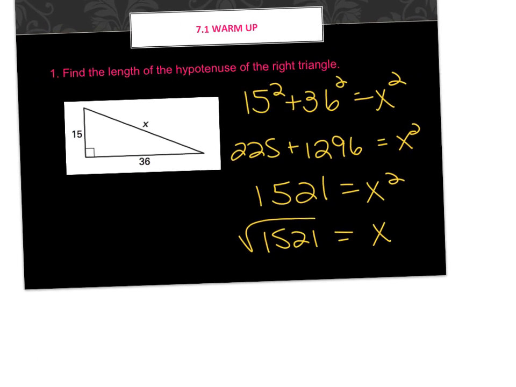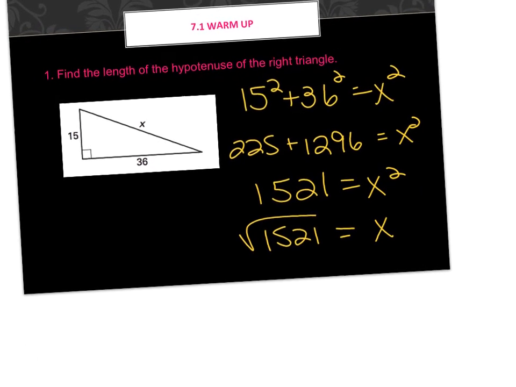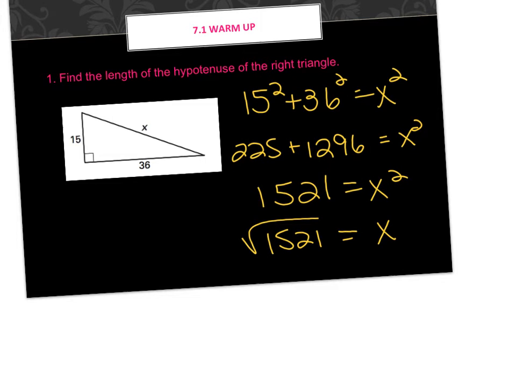So it's obviously not even, which means it's not divisible by 2. If I add up the digits, 1 plus 5 is 6, plus 2 is 8, plus 1 is 9. Is 9 divisible by 3? Yeah, so I can start there. So this would be 3, and then 507. Not divisible by 2, but is it divisible by 3? 3 and 169.